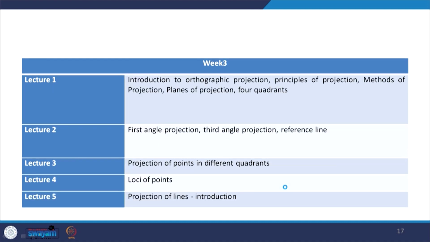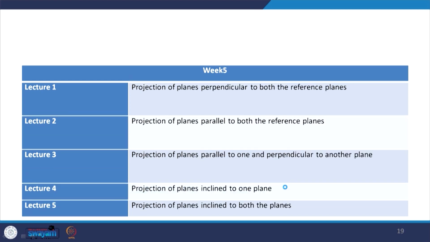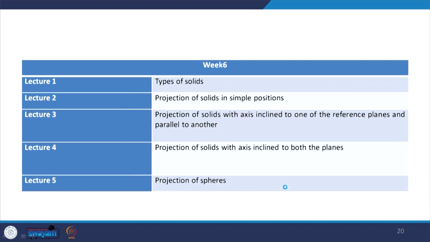We will understand the principles, and then we will majorly work in first angle projection, though we will understand both first angle and third angle, and then we will go on to start with projection of lines. Then week 4 we will go with projection of lines, week 5 will move on to projection of planes, and the complexity of these different projections will continue to increase.